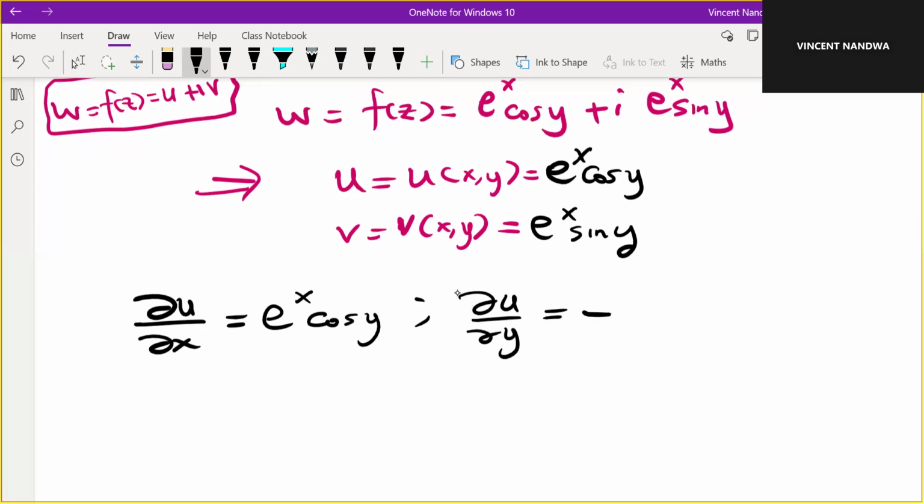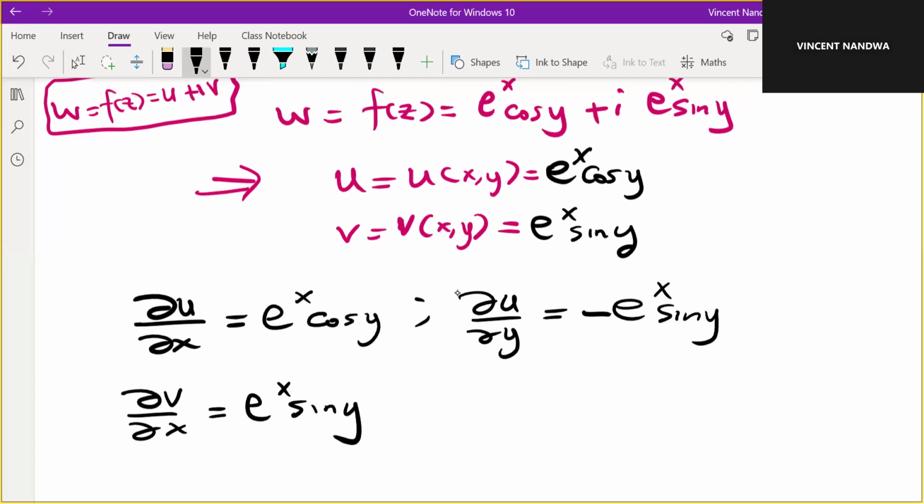Yeah, so negative e^x sin y. And what is partial v, partial x? e raised to x sin y. And what is partial v, partial y? e raised to x cos y, correct.